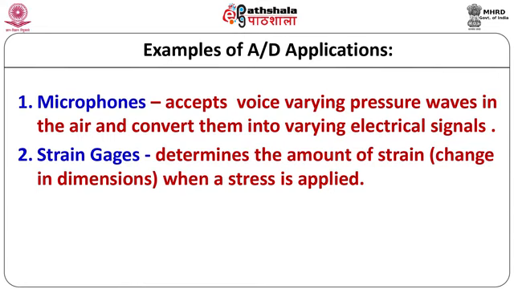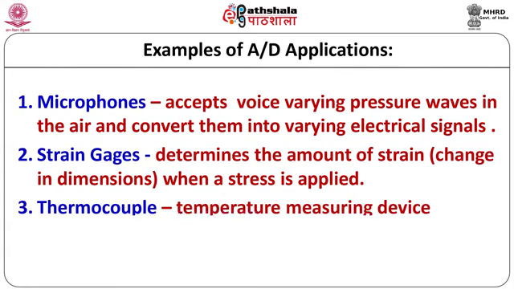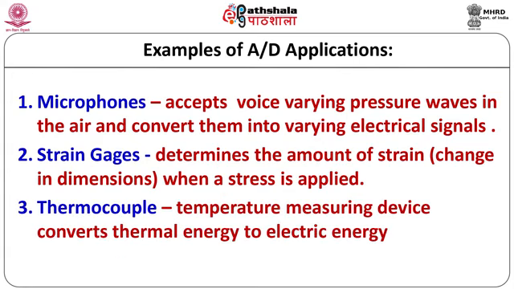We can convert such an output of a strain gauge into digital form using analog to digital converters. Another example where we require an AD converter is the use of a thermocouple for temperature measurement. As we know, the output of a thermocouple is analog. Through some signal processing and using an AD converter, we can convert the output of a thermocouple into digital form.